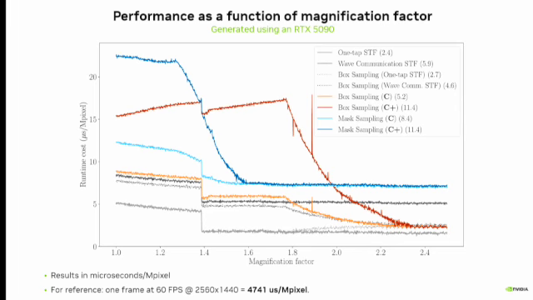You can see that at magnification factor close to 1.6, we get 0 error, and before that, the fallback method shows up, which is a little bit more expensive. But still, compared to a full frame, which takes 4,700 microseconds, 8.4 is not that much.